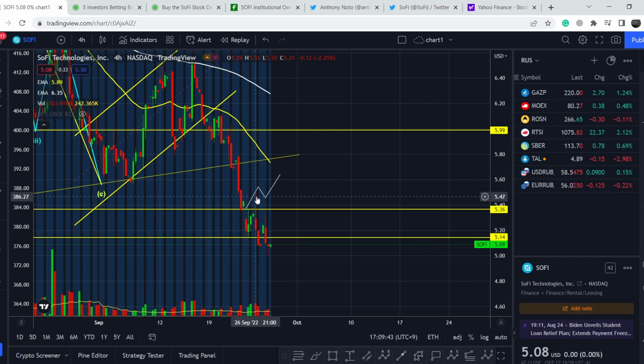We had this movement to the upside, but on a 4 hour time frame we don't have any candles that opened and closed above this range, and this was the false breakout. As you can see, we went lower, and for now we are still forming lower lows and lower highs, and this means we are in a short and medium term downtrend.